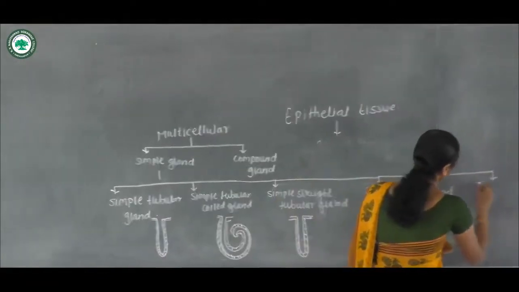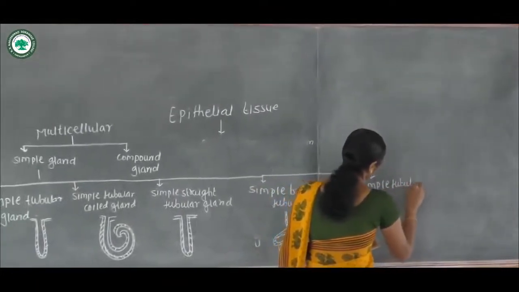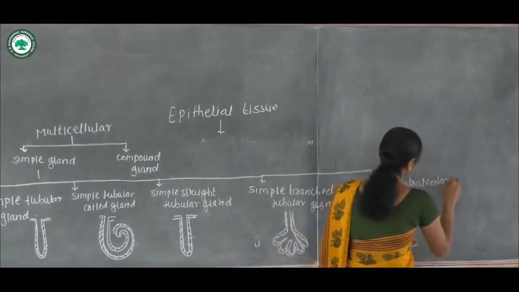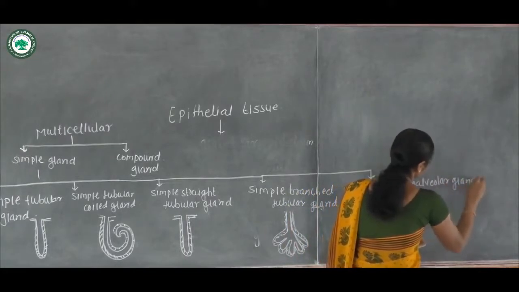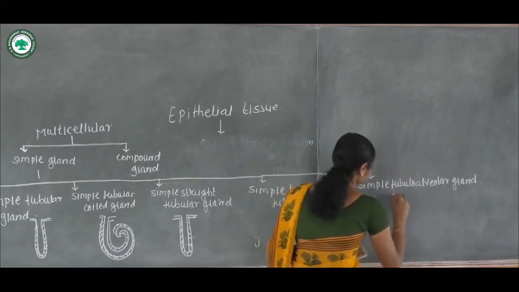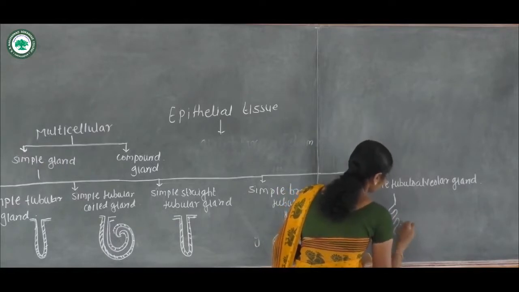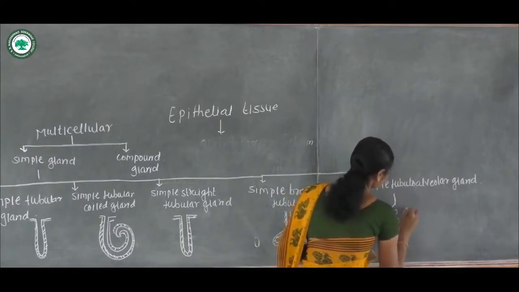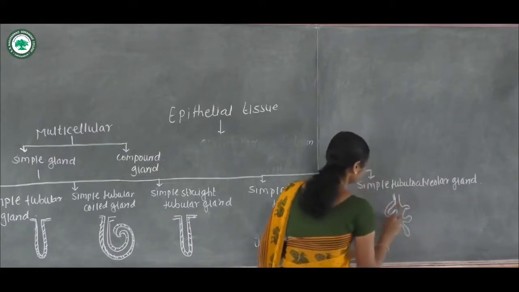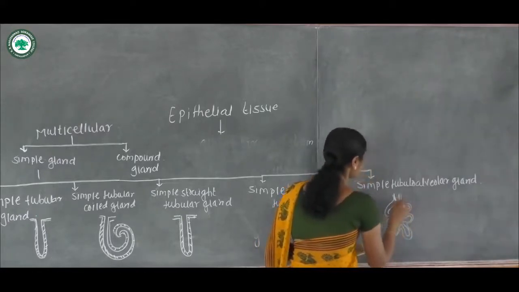In these glands, the terminal part shows a sac-like structure, and this alveola opens into the common duct.